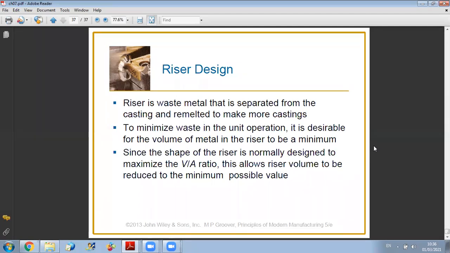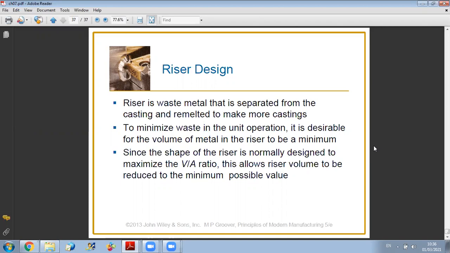The riser is waste metal that is separated from the casting at the end and remelted to make more castings. So when you finish your process, if you have a remaining part in the riser, you will trim it. You will separate it from your final casting. This is why, when you design it, you try to minimize the remaining quantity by appropriate design.